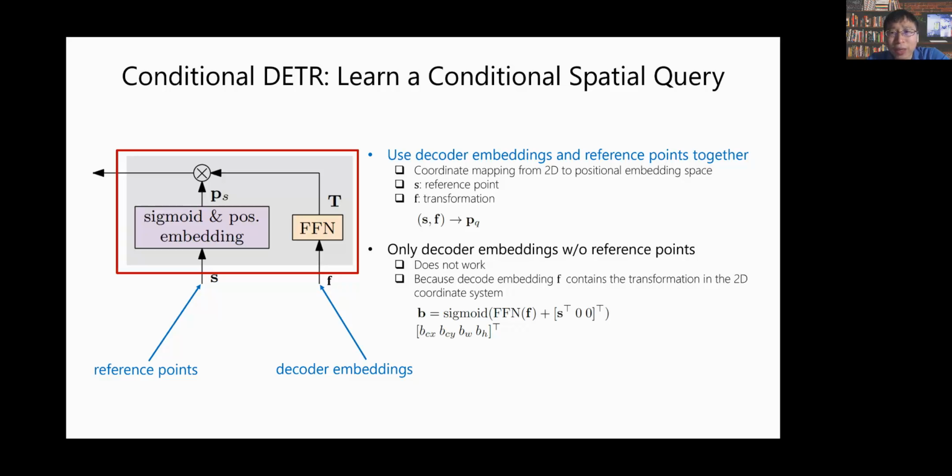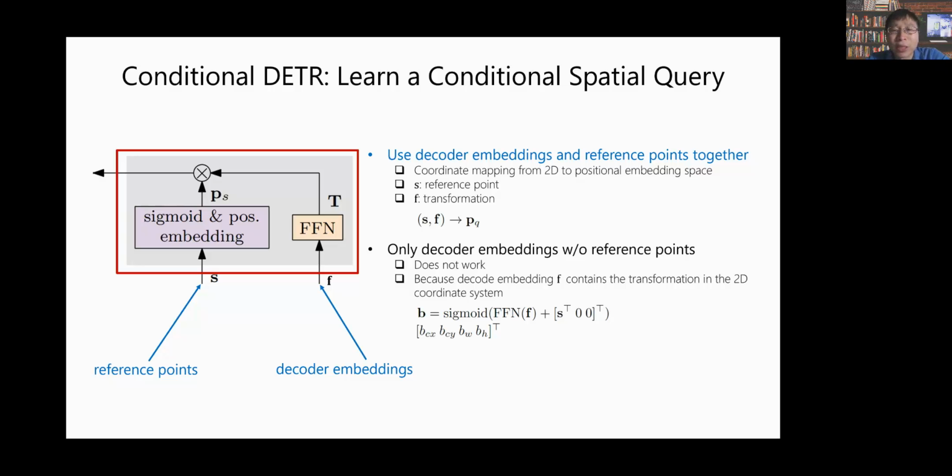In the 2D space, the decoder embedding only contains the transformation of the box from some reference points. The reference points could be the coordinate origins or learnable 2D coordinates as model parameters.